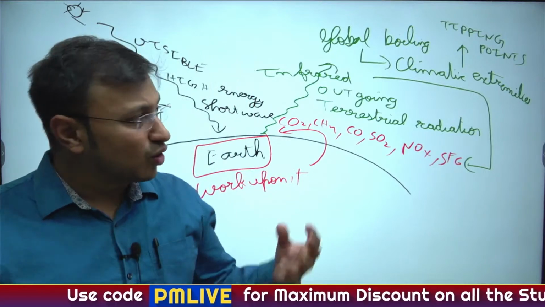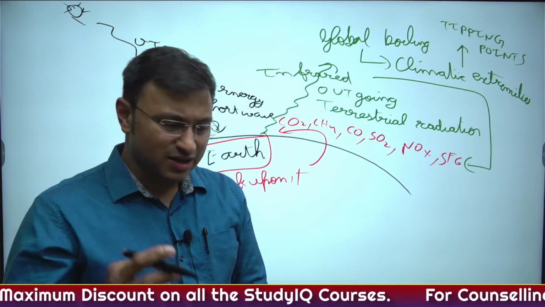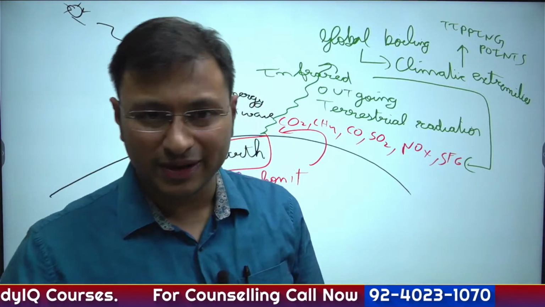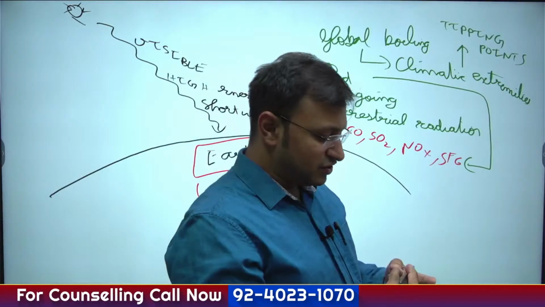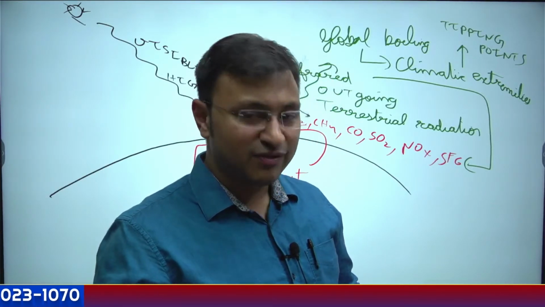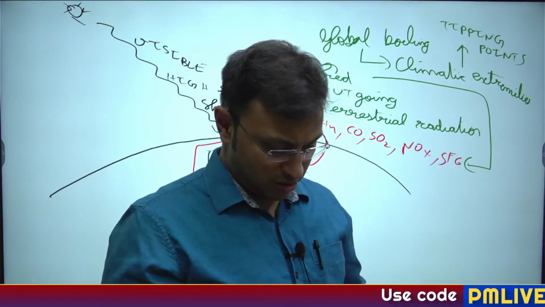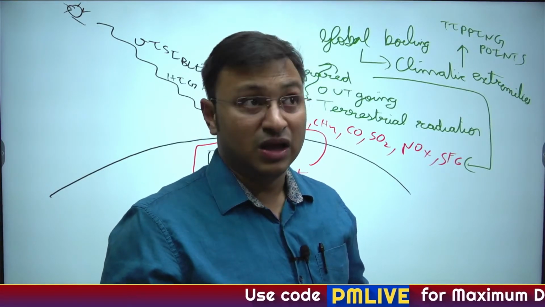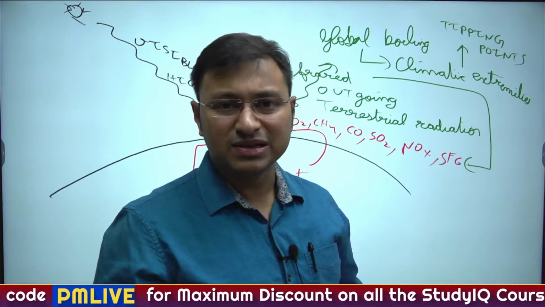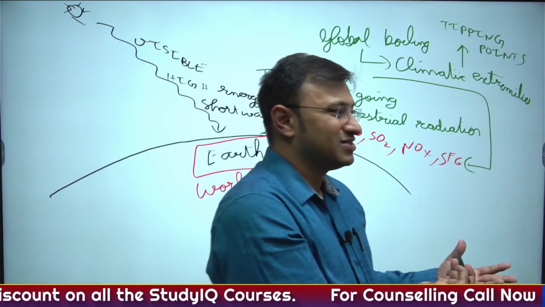And more so, when I'm talking about this, we also need to understand and appreciate that these tipping points will have a long lasting impact on the human economy too. Fisheries dwindling, then along with that, if you are having climatic extremities, infrastructure loss, loss of power, spread of diseases, new epidemics, and most importantly, climate refugees.